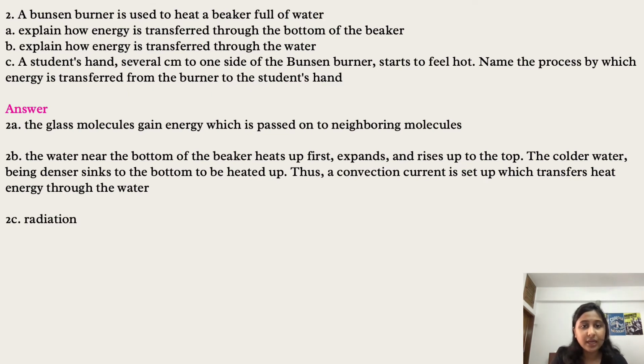Thus, a convection current is set up which transfers heat through the water. And last, number C says, a student's hand several centimeters to one side of the Bunsen burner starts to feel hot. Name the process by which energy is transferred from the burner to the student's hand. That is by radiation, because heat waves are passing to the student's hand without any medium, and that is why the student's hand starts to feel hot.